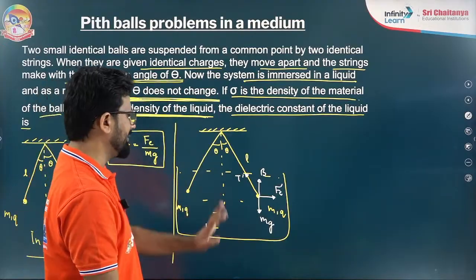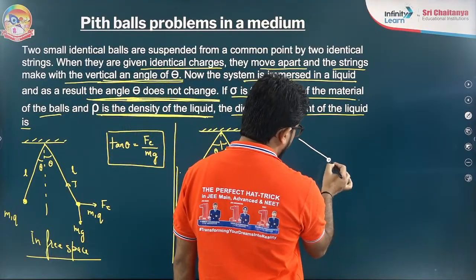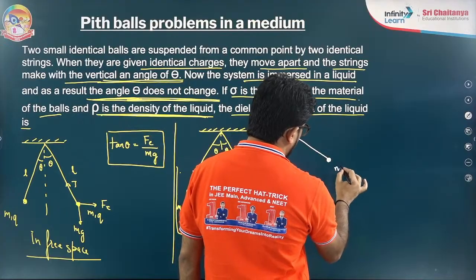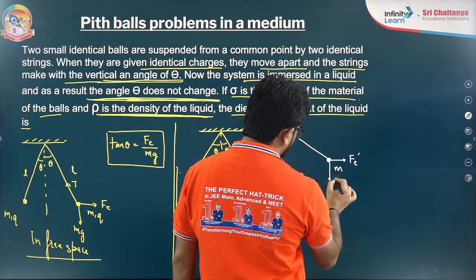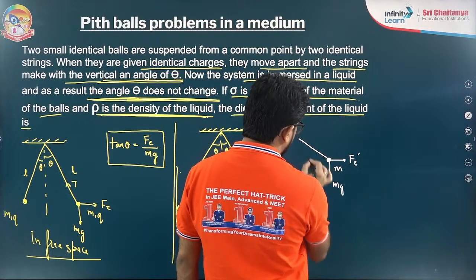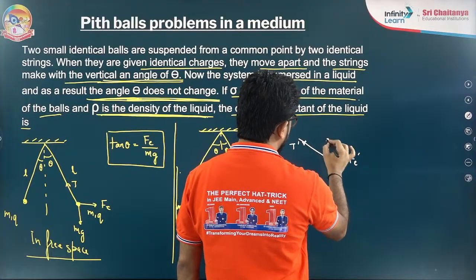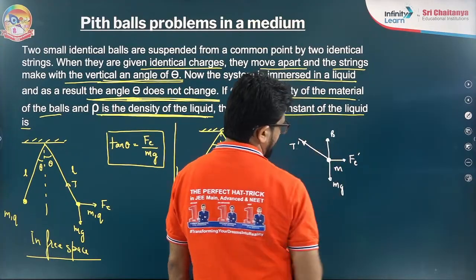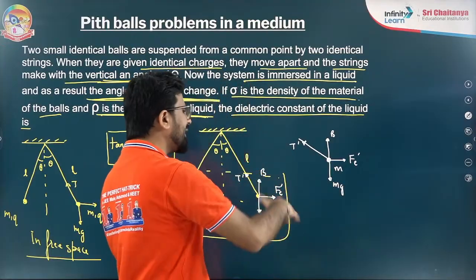Now try to understand it. I am drawing it again. This is a pith ball. On it there will be the outward force Fe prime, the downward force mg, some tension T prime, and in the upward direction the buoyant force.